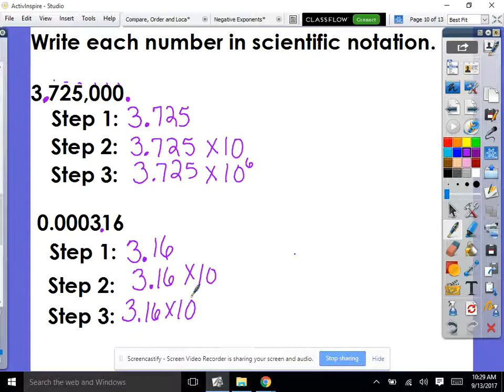How many places did we move the decimal? How many numbers are between these two decimals? Well, we have 1, 2, 3, 4. Now, to determine if it's positive or negative, our original number is less than 1 because it's 0.0. So that means our exponent is negative. So 3.16 times 10 to the negative 4.